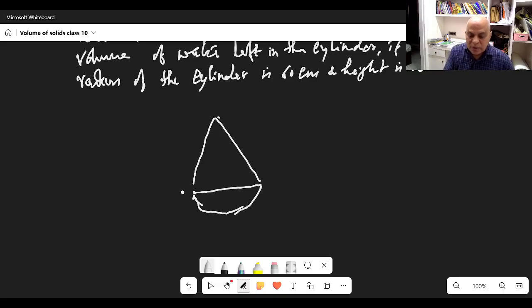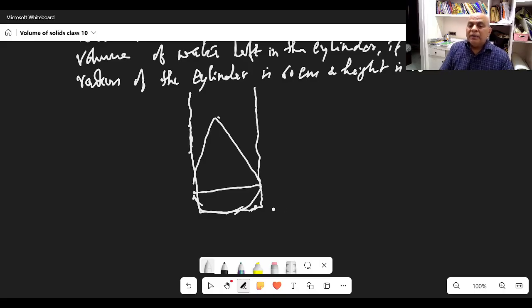And this whole system is in a right circular cylinder like this.